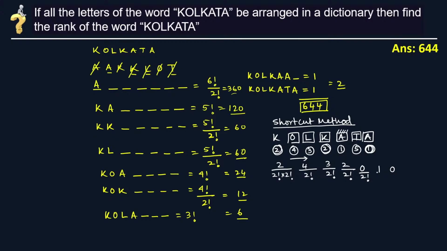Okay. Now what I will do, I will write in the same way factorial 0, factorial 1, factorial 2, factorial 3, factorial 4, factorial 5 and factorial 6. Now I will simply multiply this with this and add all those terms. So in the first case we are going to have how much? It is 2 divided by factorial 2 into factorial 2. So let me just do the calculation over here.